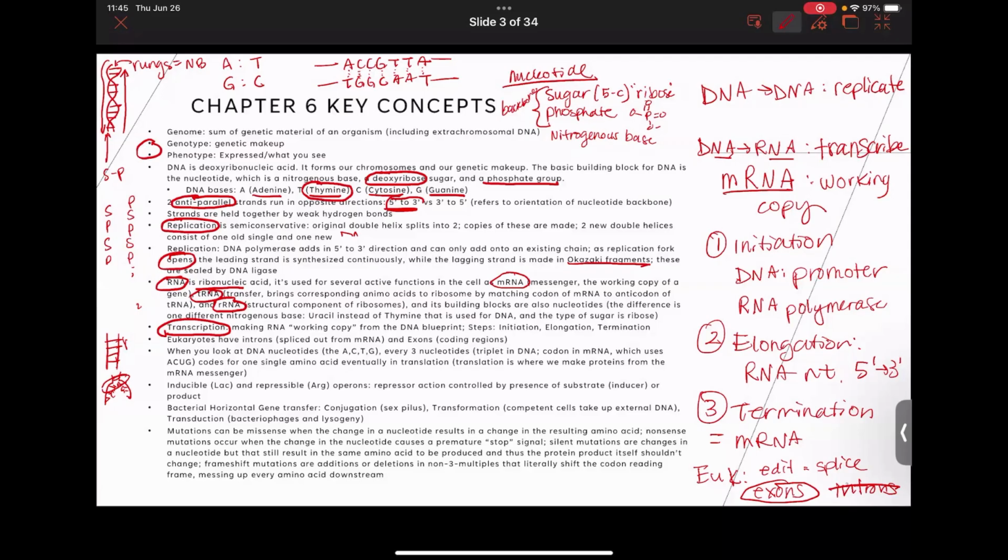Now, this is important to remember because when we get into chapter 8, if you're a bacteria and I just put eukaryote DNA into the bacteria, it can't splice the exons together. And so you have to take a workable, readable mRNA that's already been spliced and turn it back into DNA through a process of reverse transcription, which we have HIV to thank for that discovery.